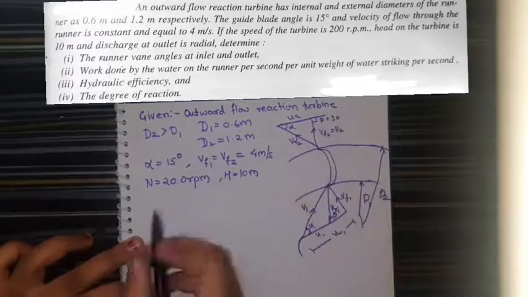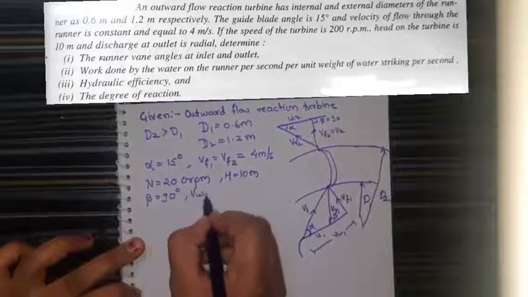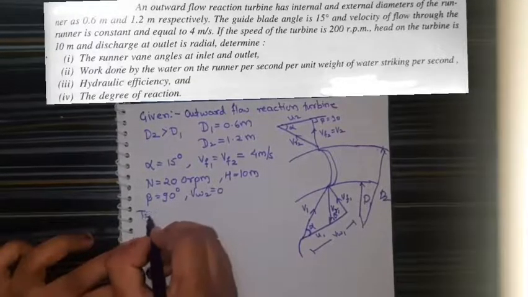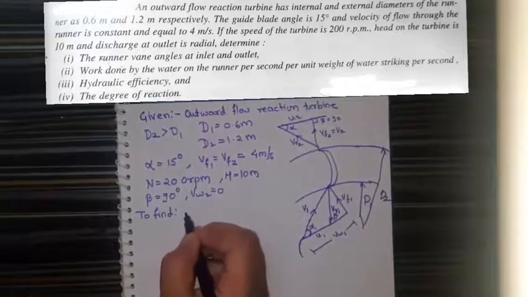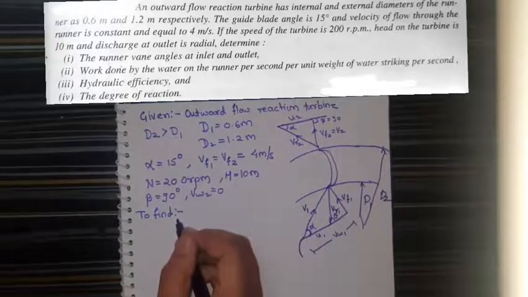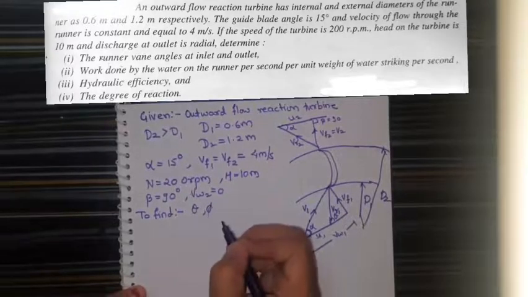That's why I have drawn it like this. So beta is 90 degree, that means Vw2 is equal to 0. And what we are supposed to find is runner vane angles at inlet and outlet, that means theta and phi.